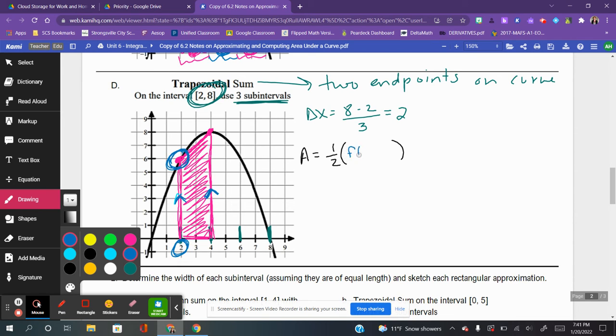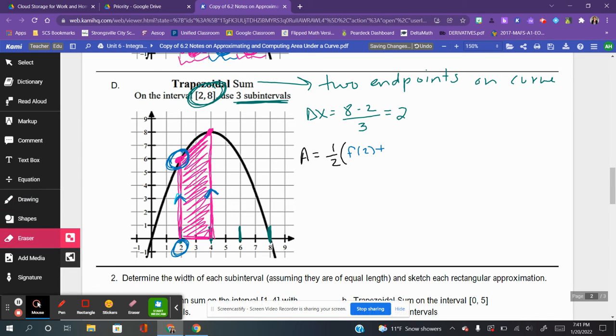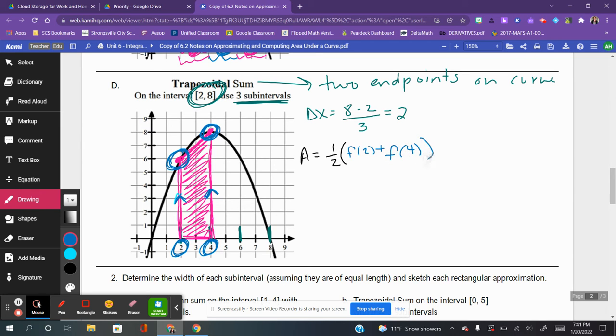So it's like saying f of 2 plus, and then the height here. Well, the height is going to be the output of the function when x is 4, so f of 4. Again, I know that I can see that those outputs are 6 and 8, but I promise you that you will either not always be able to tell what those outputs are, or you will not be given a graph. Oftentimes you're given a table. We'll do more of that in the next lesson.